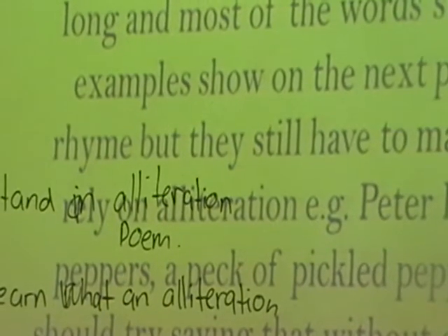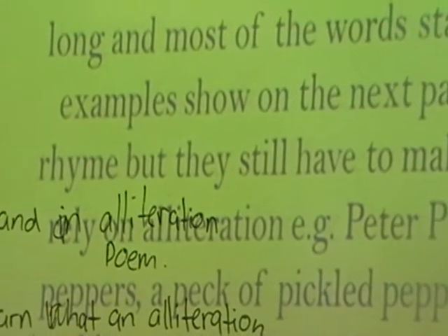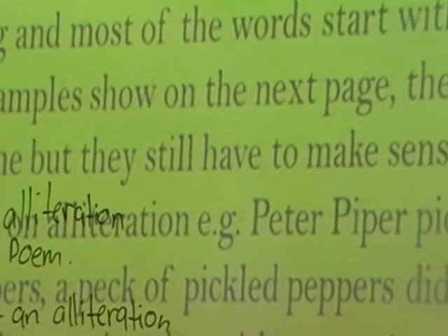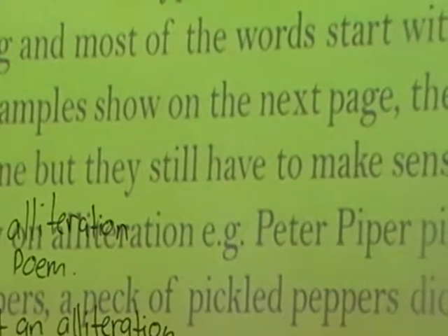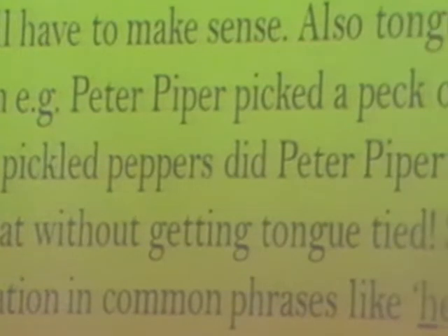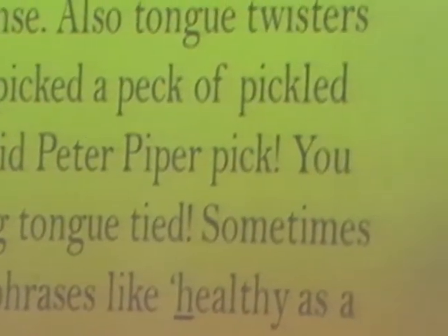The words do not have to rhyme, but they still have to make sense. Also, tongue twisters rely on alliteration. Example: Peter Piper picks a pepper of pickled peppers. Pickled peppers. Did Piper pick?